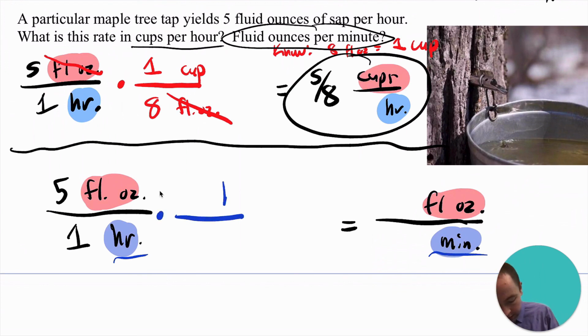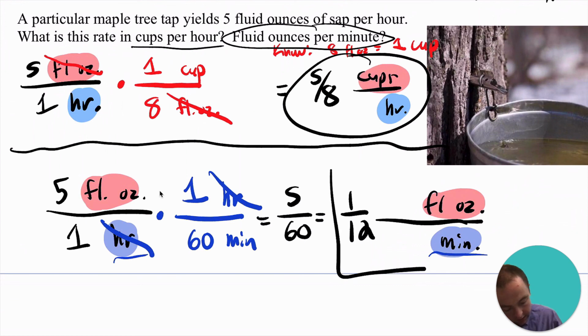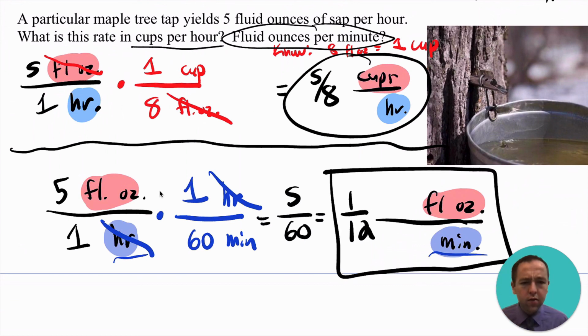Since hours is on the bottom to start with, we'll use hours on top of the conversion factor and put minutes on the bottom. Of course, put the 1 in front of hours, since 1 hour is worth 60 minutes. We'll get the hours to cancel out, and then we're good. So we just get 5 times 1 on the top, and then 1 times 60 on the bottom, so 5/60. If you reduce that, that ends up being 1/12. So that would be your final answer right there. It just turns out to be 1/12 fluid ounce per minute.